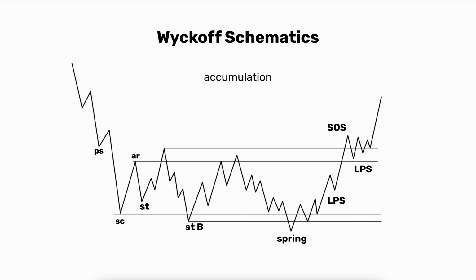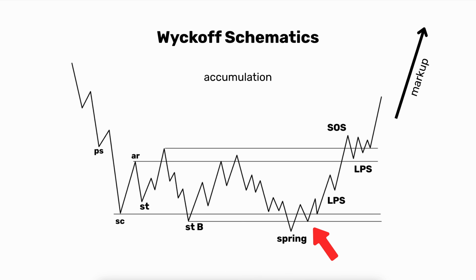So to give you a brief explanation, because I know this looks very complex, basically this phase here is where sellers start to lose control and buyers step into the market. This phase here is where buyers are starting to cleanly take control of the market and the seller strength is fading away.